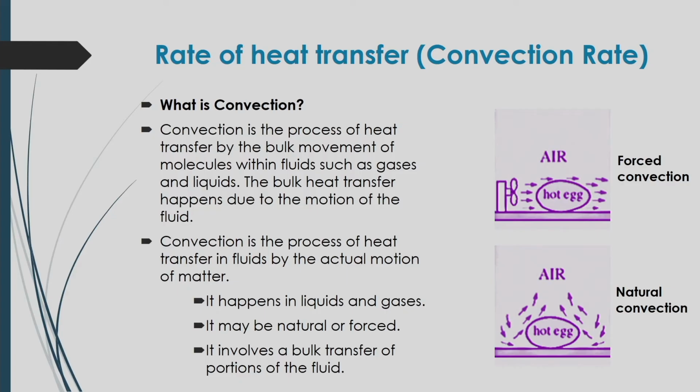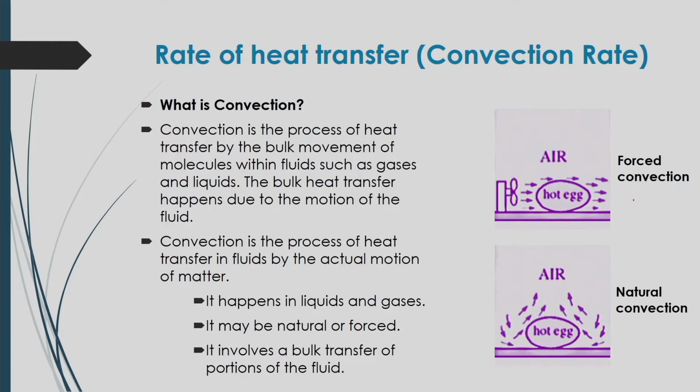Basically, convection is the process of heat transfer by the bulk movement of molecules within fluids such as gases and liquids, and the bulk heat transfer that happens due to the motion of the fluid. Convection is the process of heat transfer in fluids by the actual motion of matter, and it happens in liquids and gases. It may be natural or forced. It involves a bulk transfer of portion of the fluid.